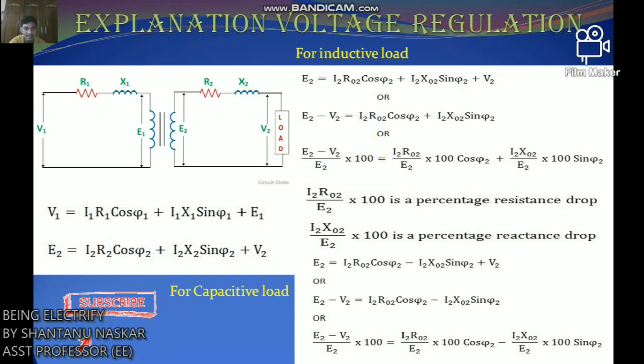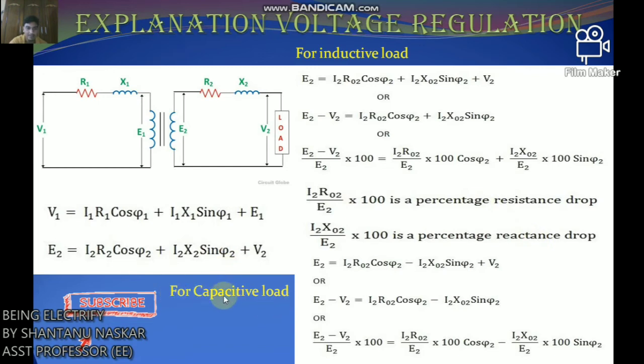Dividing by E2 on both sides, E2 minus V2 by E2 into 100 equals I2 R02 by E2 into 100 cos phi 2 plus I2 X02 by E2 into 100 sin phi 2, where I2 R02 by E2 into 100 is the percentage resistance voltage drop, and I2 X02 by E2 into 100 is the percentage reactance voltage drop.